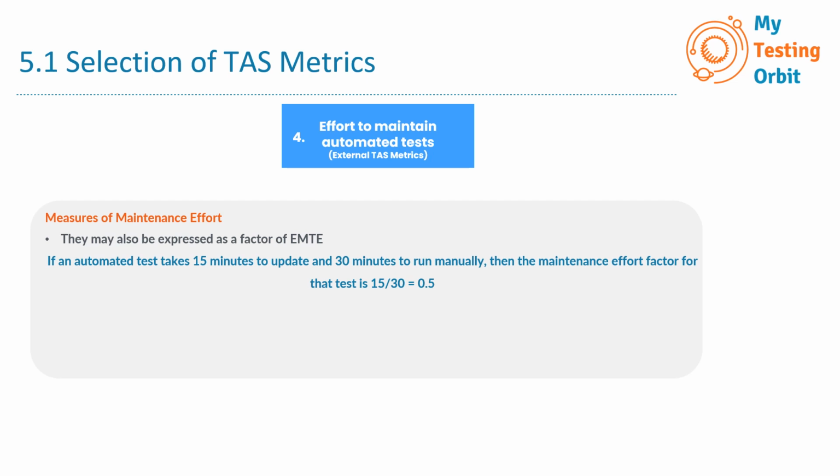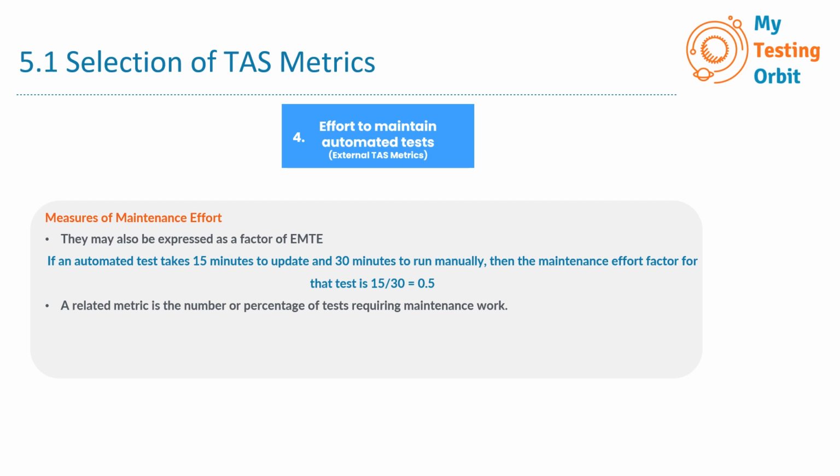So this example illustrates how you can express the maintenance effort for a particular test as a factor relative to the time it takes to run the same test manually. It's a clear way to understand the efficiency of automated testing compared to manual testing.